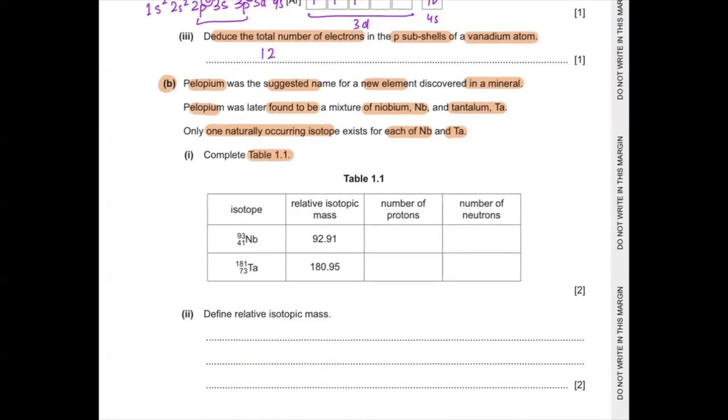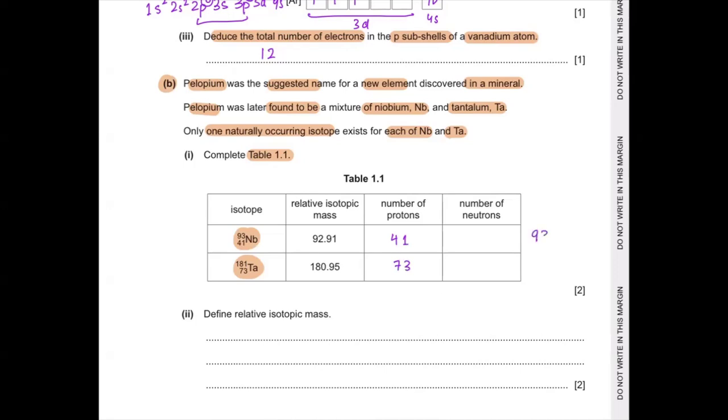They have given you the symbols of niobium and tantalum along with their nucleon number and the number of protons. The smaller value is the proton number. So niobium has 41 protons and tantalum has 73 protons. Now neutrons can be identified by subtracting these two values.